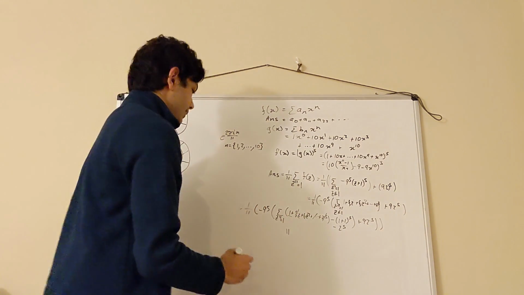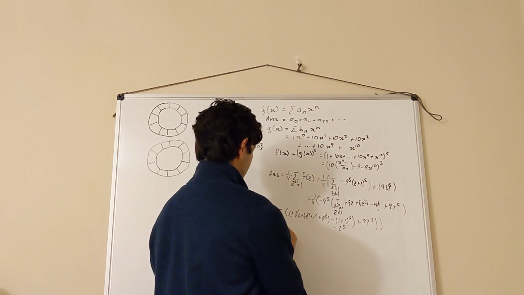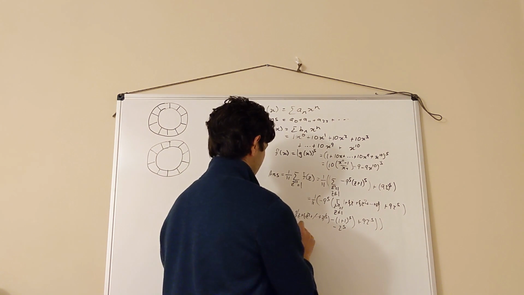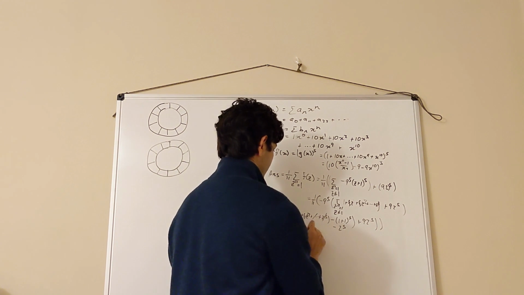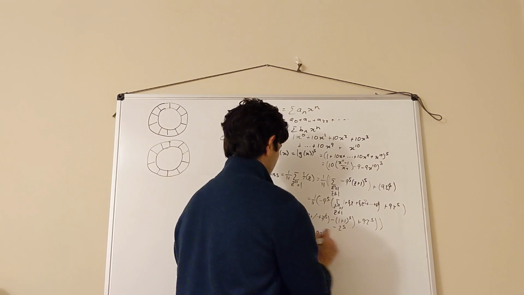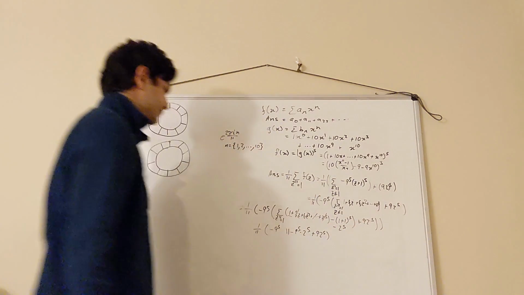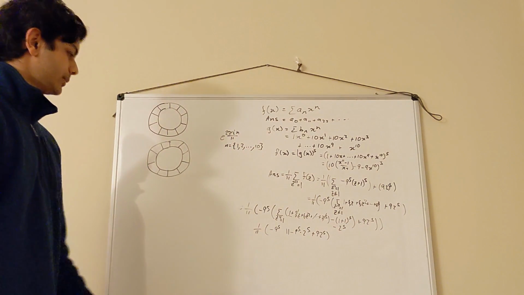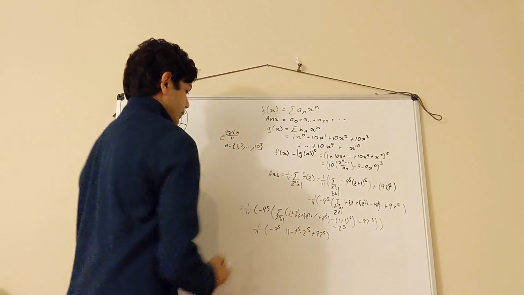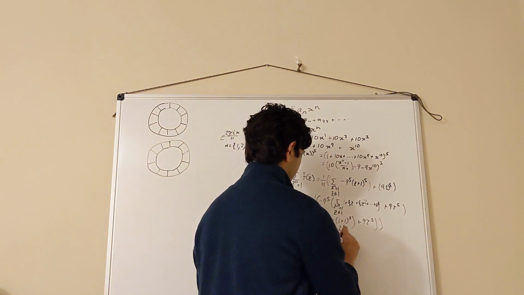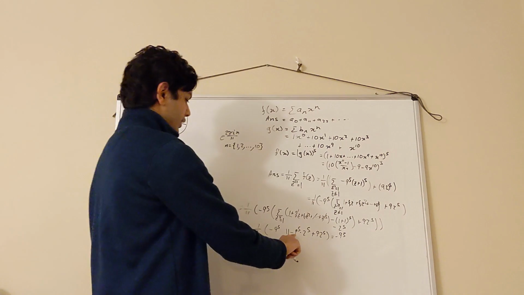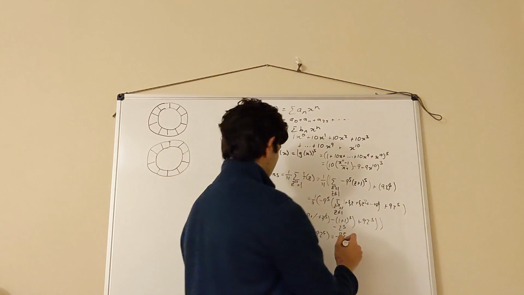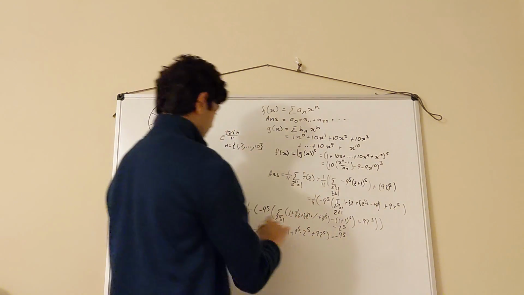Okay, so now we have negative 9 to the 5th times 11 minus 9 to the 5th times 2 to the 5th plus 92 to the 5th, all divided by 11. And now we can combine some things, and we can cancel out this 11, and we have negative 9 to the 5th. Here we have a 9 to the 5th times 2 to the 5th, and there should be a plus because here you have a negative sign.